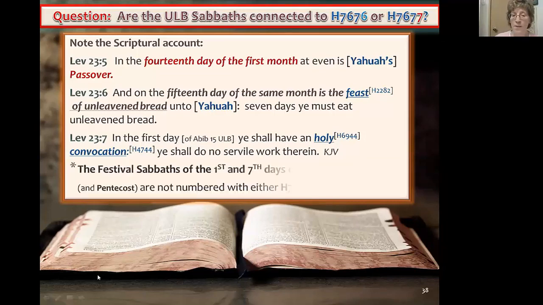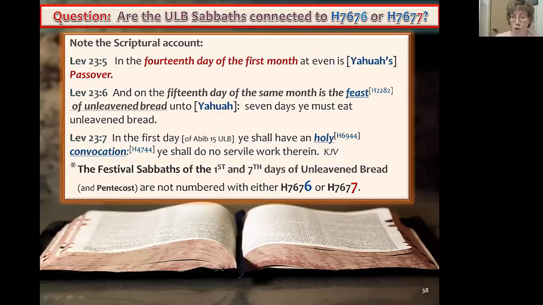So the festival Sabbaths of the first and the seventh day of unleavened bread and also Pentecost, none of them have the numbers 7676 for Shabbatons or Shabbats. This would be Shabbat set with the 7-6 and Shabbaton. And when I found this out, then I began to wonder what's going on. And I'll tell you why.